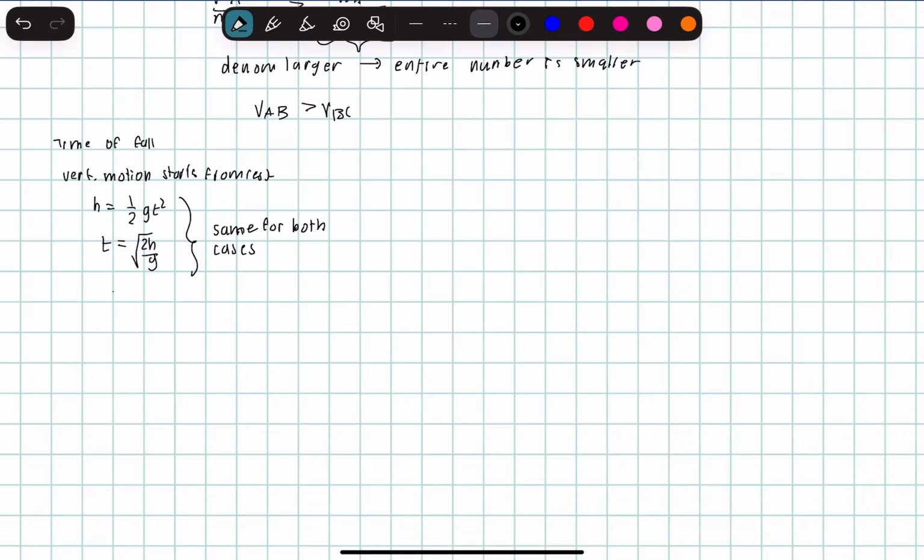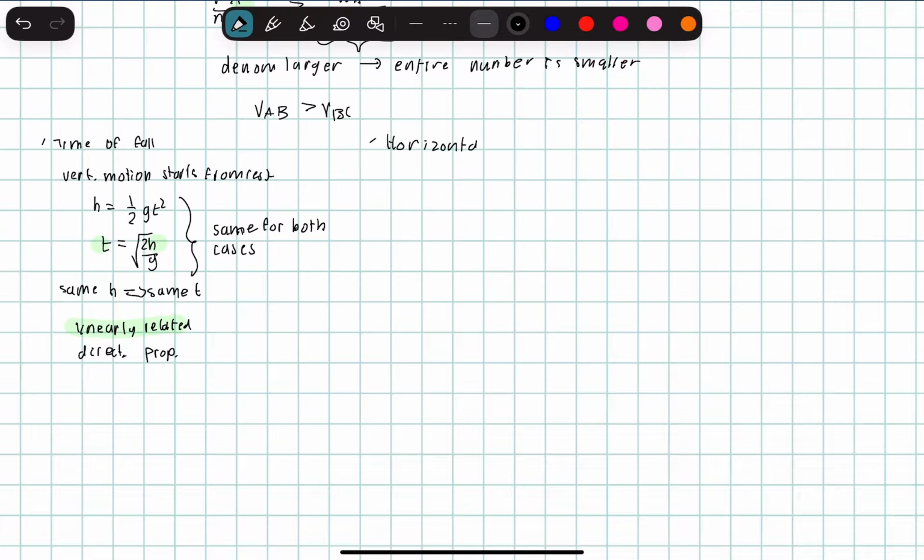We can see that horizontal distance is linearly related to speed; they're directly proportional.